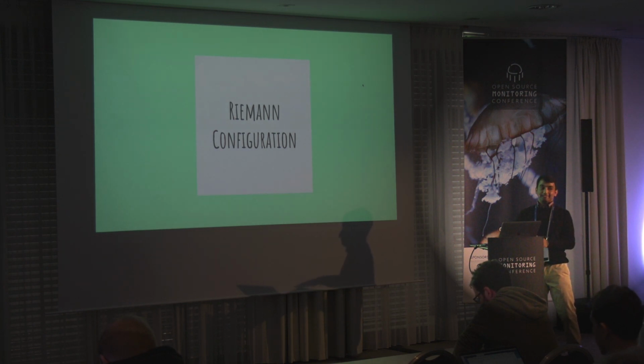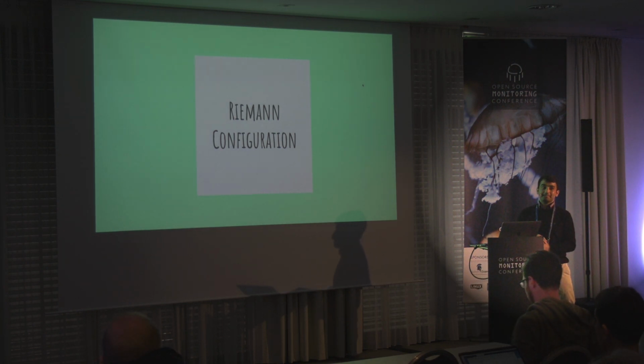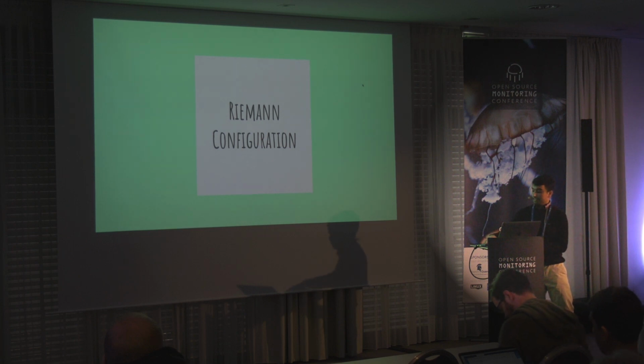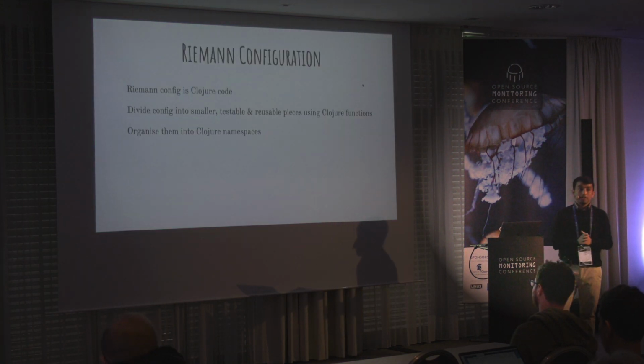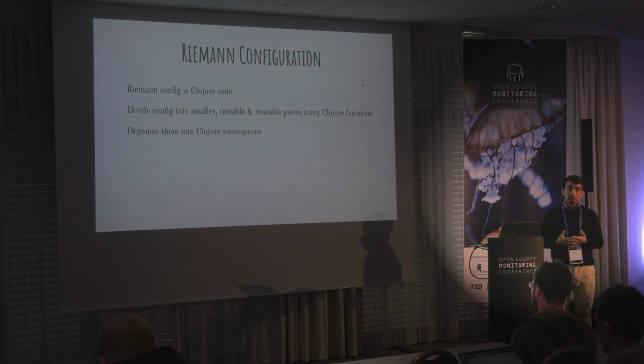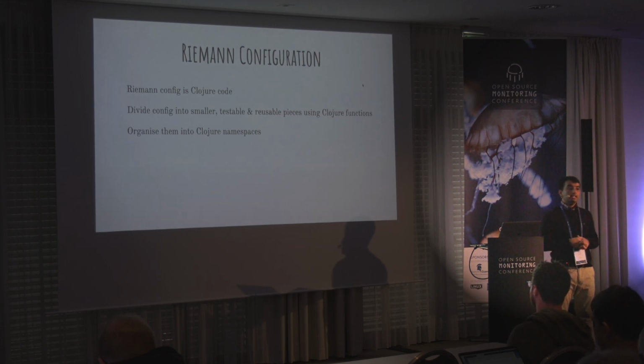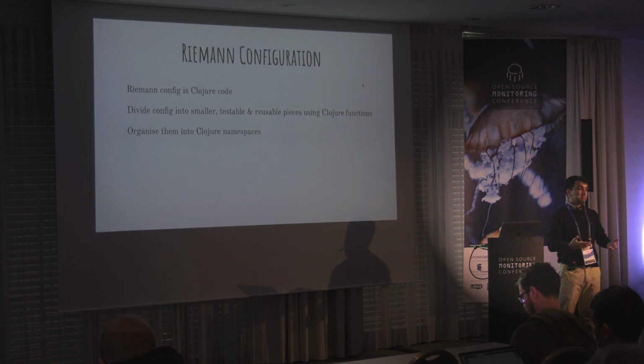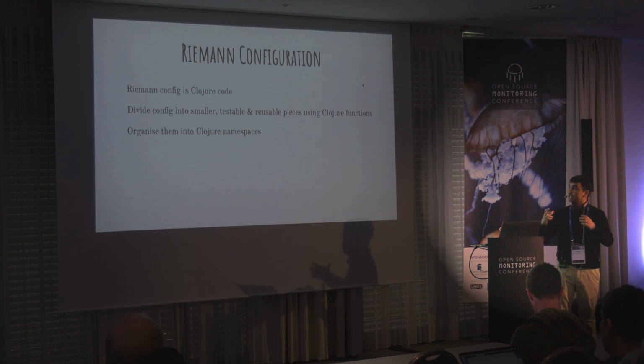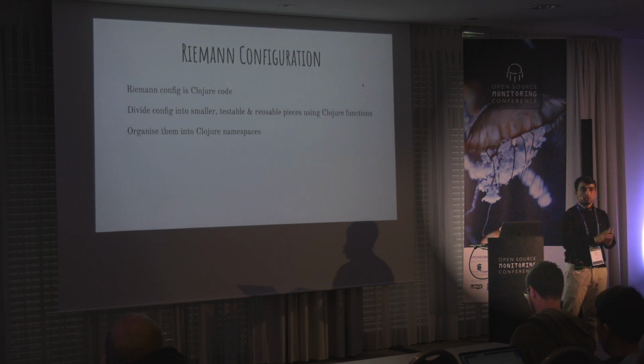If there is one thing I would like you to take away from this presentation, it is the Riemann configuration, which is the most unique thing about the whole project. As I mentioned before, Riemann configuration is Clojure code. And the benefit of this is you can leverage all the language capabilities to write small, testable and reusable pieces of code.